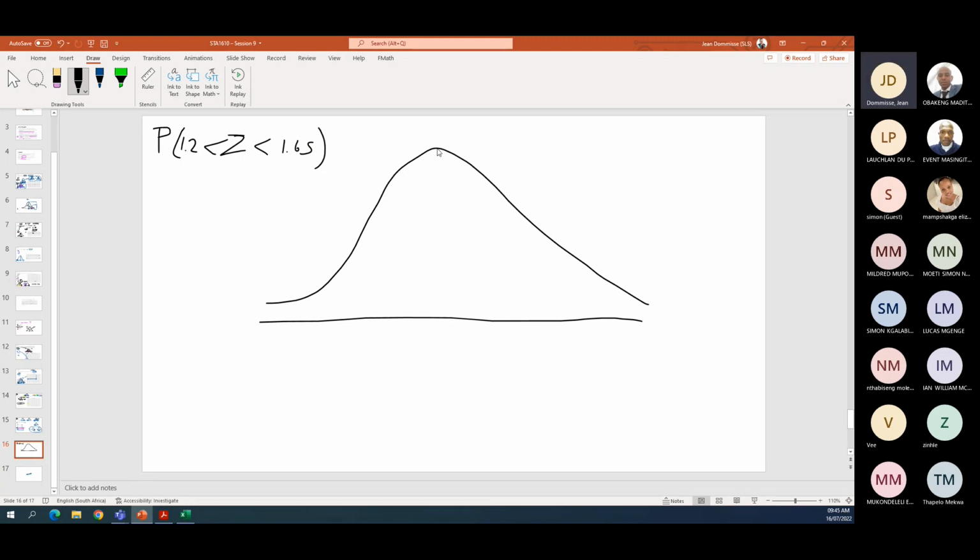So here we have the 0, there's a Z of 1.65, and there's a Z of 1.2, and I need to work out that probability.